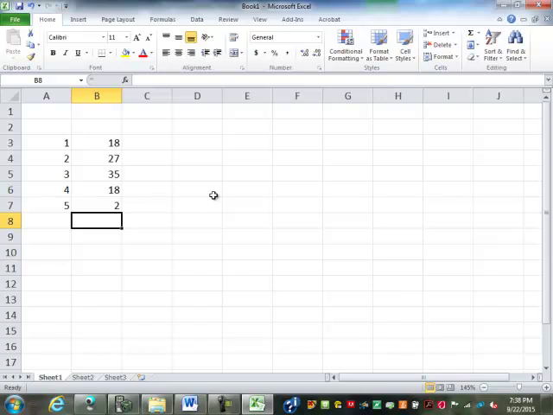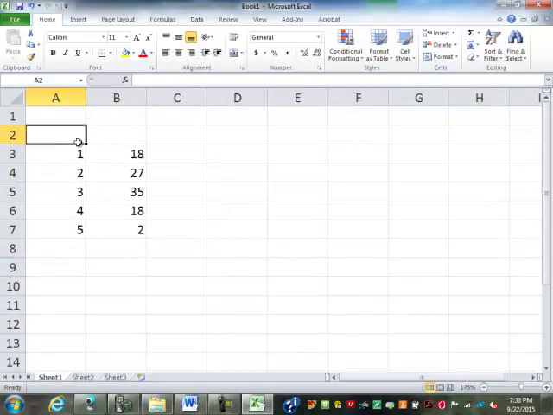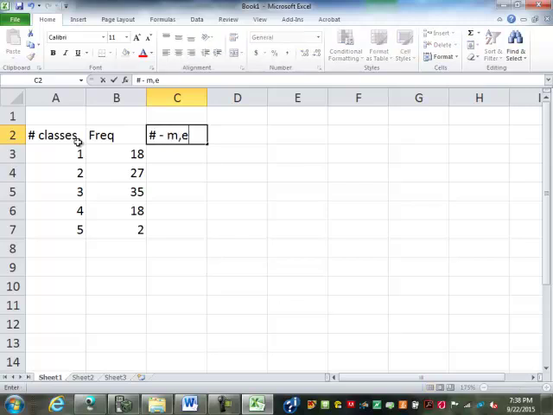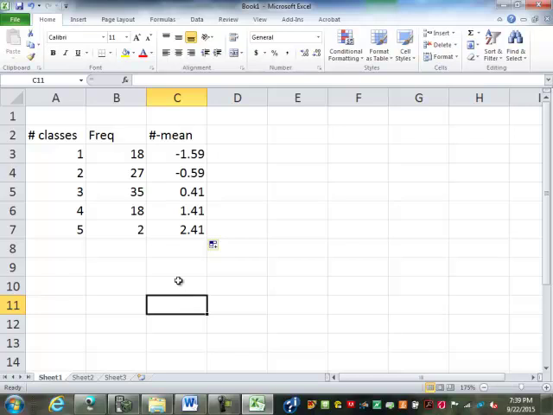So this is going to be the number minus the mean. This is going to equal this minus 2.59. So there you go. It's been subtracted from each of them.